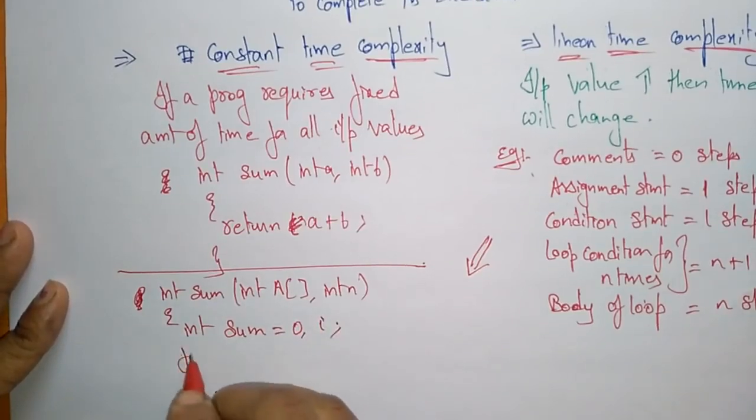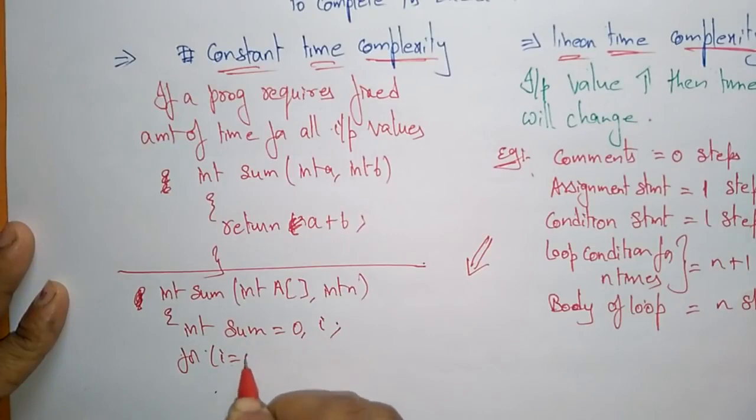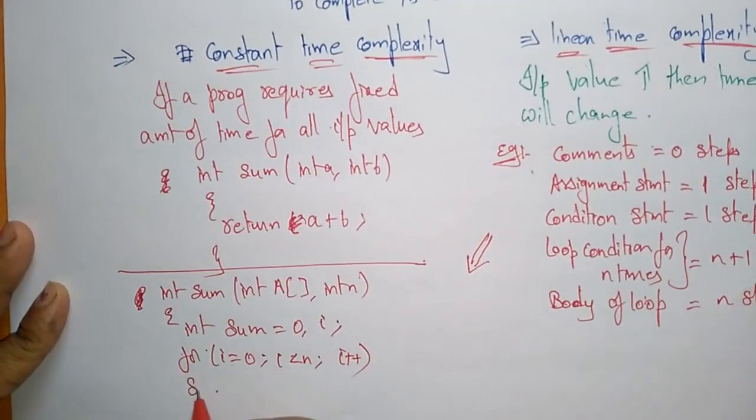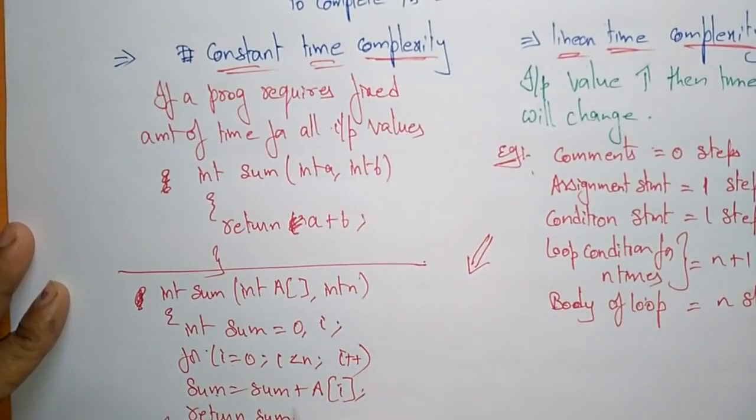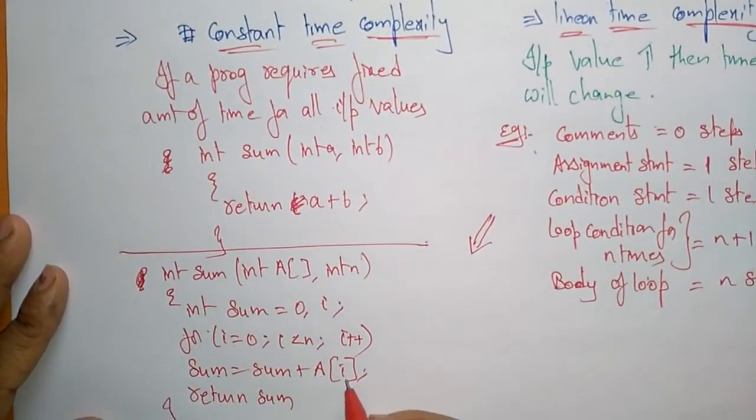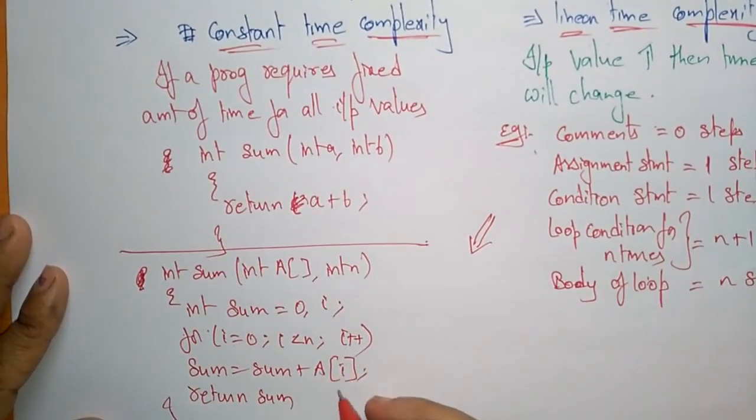I am using the for loop: for i is equal to 0, i less than n, i plus plus. And then sum is equal to sum plus a of i, return sum. This is a simple program calculating the sum of a of i. Here a is the array, and the i value should be 0 up to n minus 1.